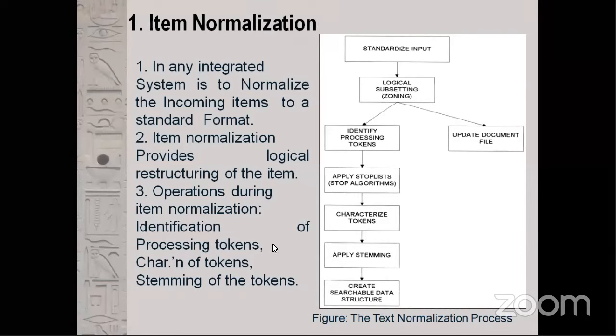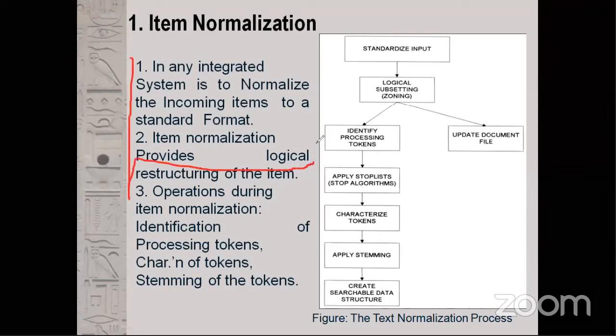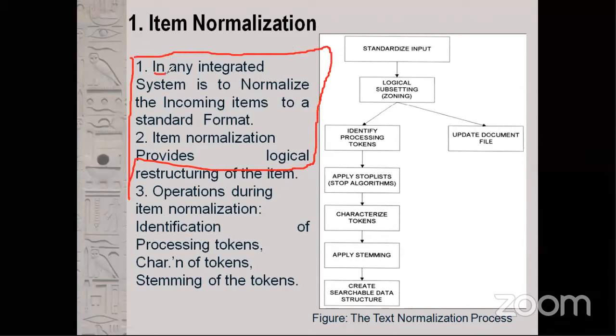For example, suppose this is my text in my database: "In any integrated system, the goal is to normalize the incoming items to a standard format." These are the different words, so I need to consider these as processing tokens and identify this type of tokens from my documents.